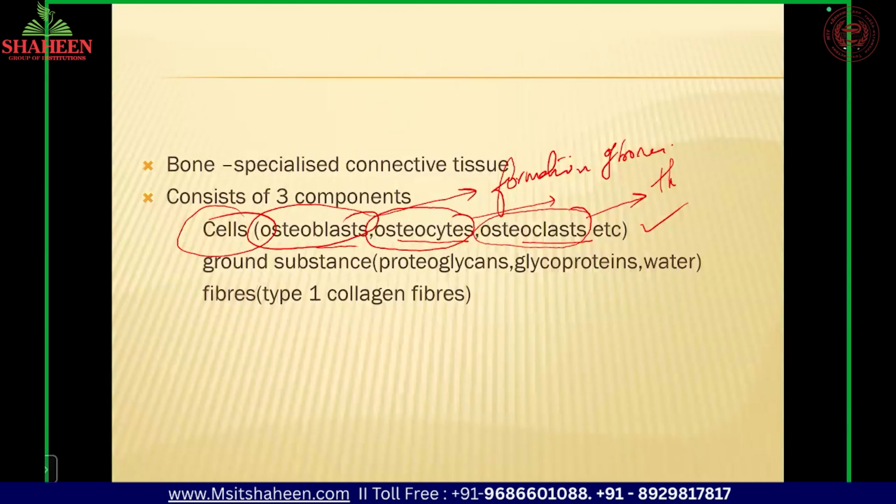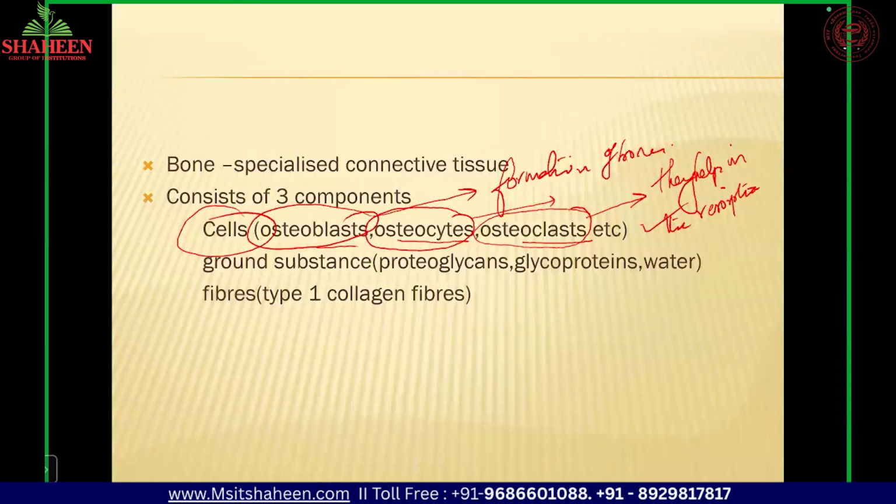They help in the resorption of bone. If you want more calcium in the blood, the only storage of calcium is in the bone, right? So we go to the bone and the osteoclasts will function and help in the resorption of bone, and the calcium level in the blood will increase.